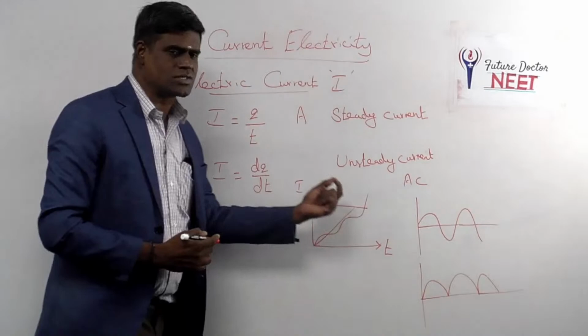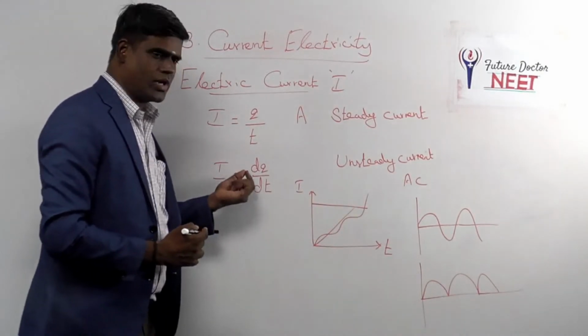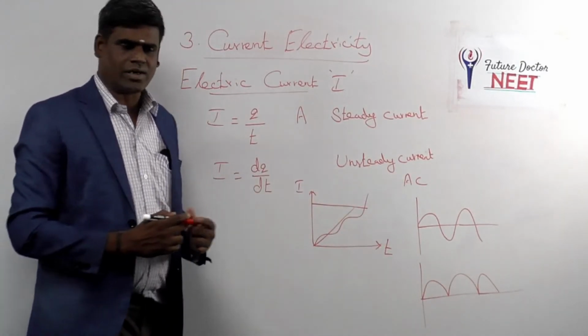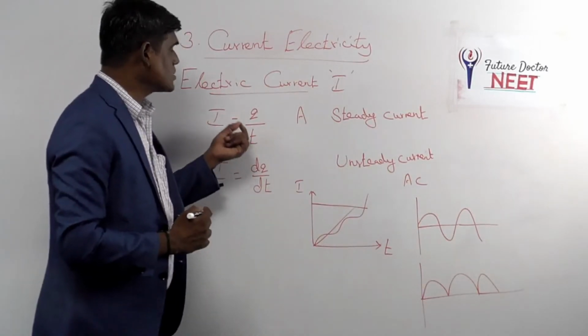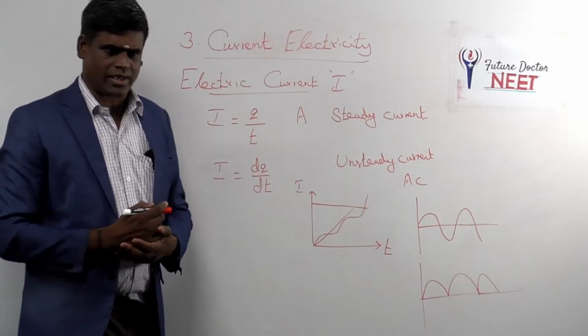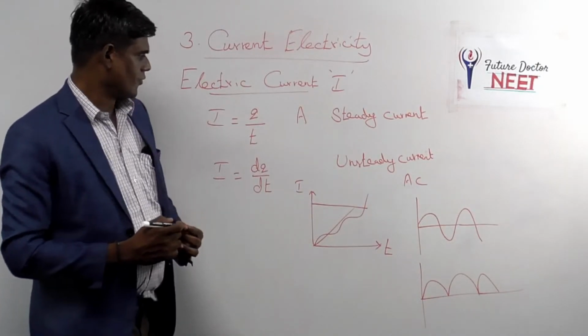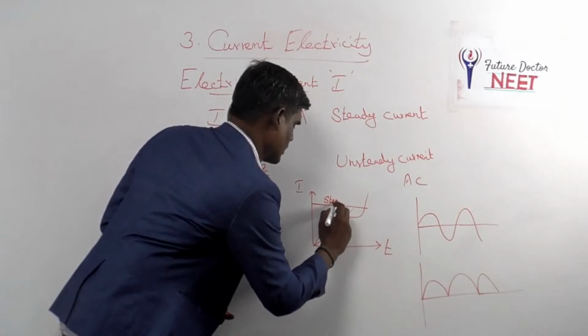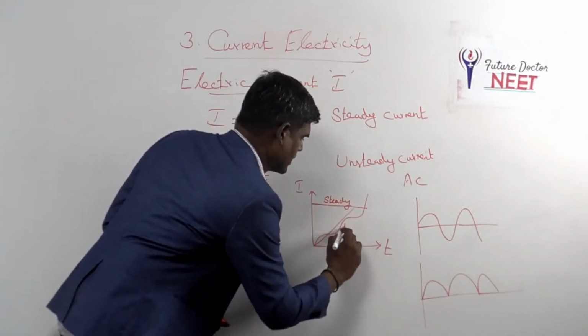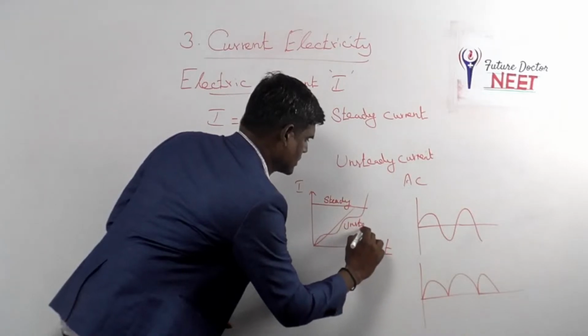And if it is unsteady current, then I equal to dQ by dt, that is, current varies with time. And here current is constant with time. So now in this graph, this is a steady current, and this is unsteady current.